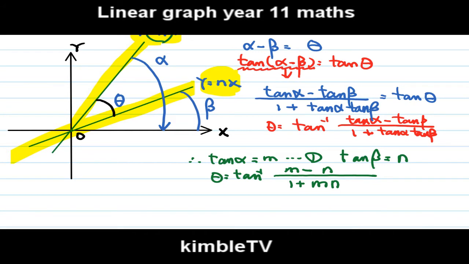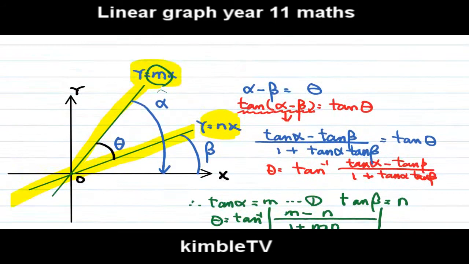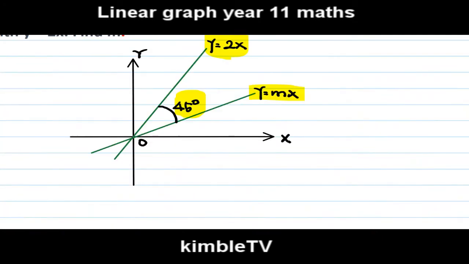But we are not sure which one is greater, alpha or beta, therefore we must use the absolute value here. This is the formula. I want you not to use the formula, just to find the solution by yourself.